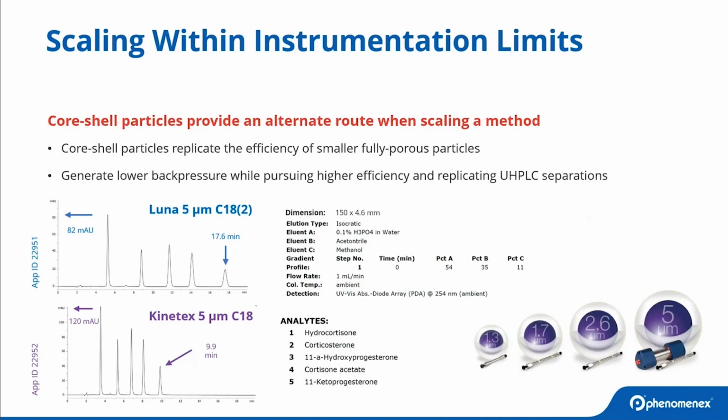Specifically, core shell particles will replicate the efficiency of smaller, fully porous particles. And in doing so, by using a larger core shell particle, you also lower the back pressure that will be generated during your analysis.